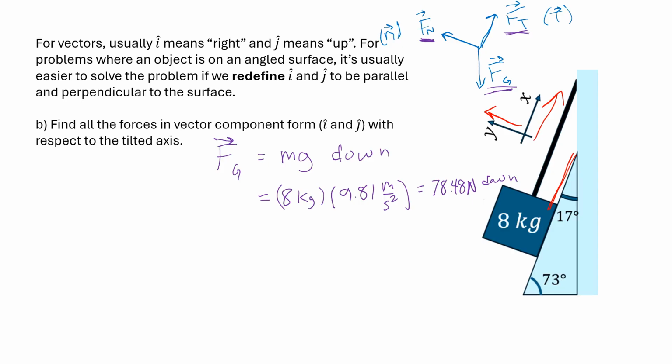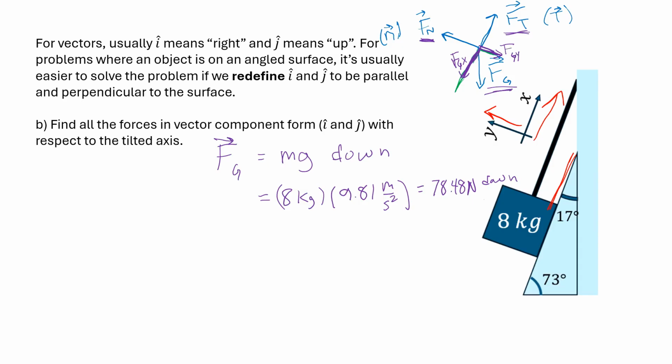What we're going to do is split the vector into its x and y components. The x component is this part of the vector along the tilted x-axis. You can call this F_gx, and the y component is along this part, and this is F_gy.